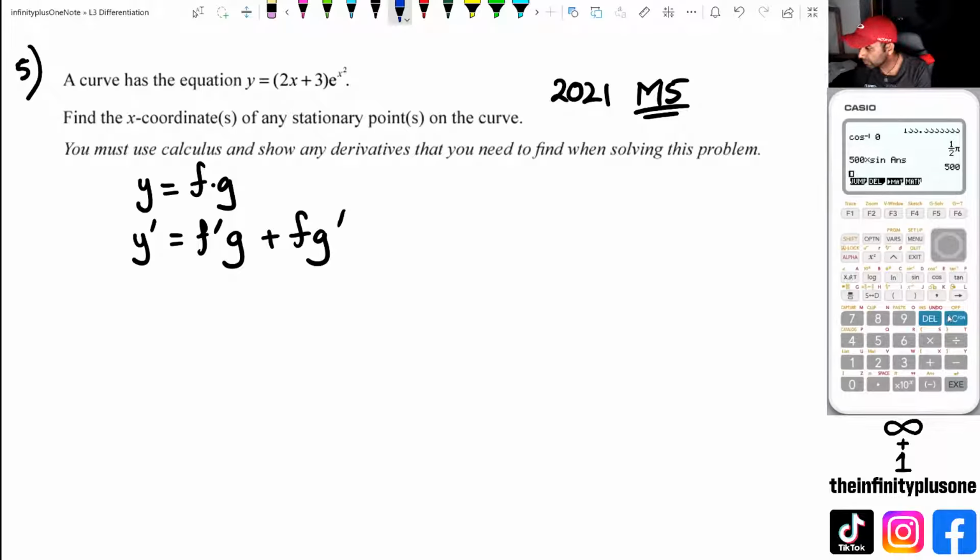Negative 0.5 and 1 are two values of x. Haven't found all of them yet. Alright, what we'll do is we'll open this up on Desmos as well, just to have a look at it. Desmos, graphing calculator.